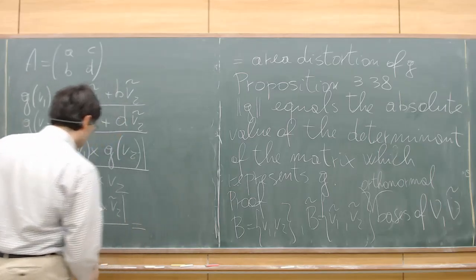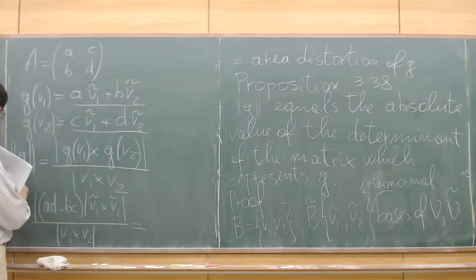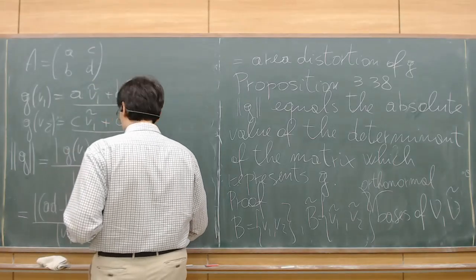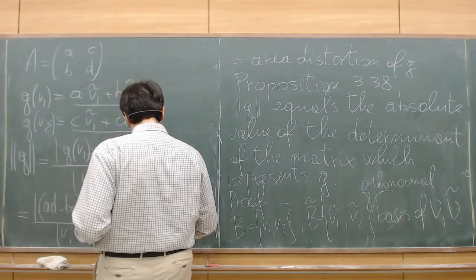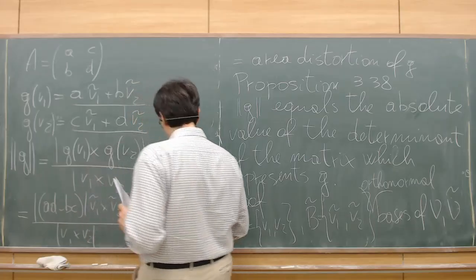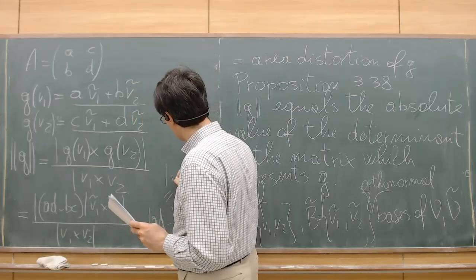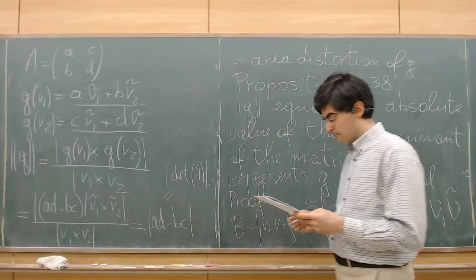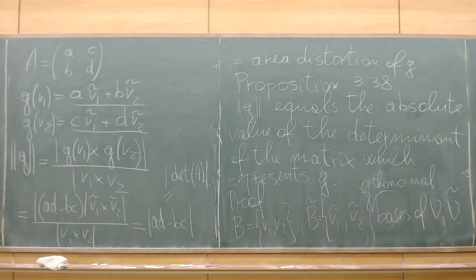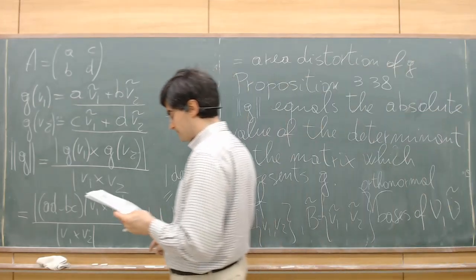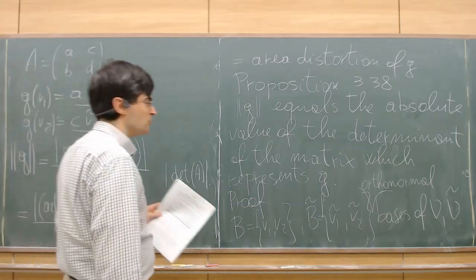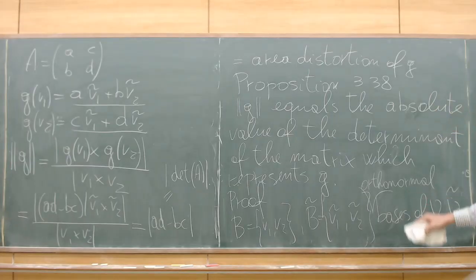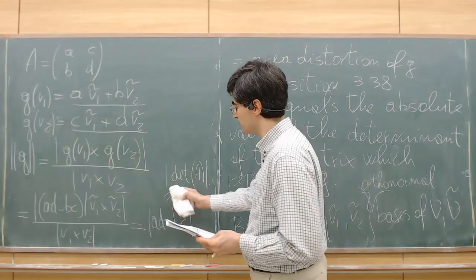So as a result, the area distortion of G is the absolute value of AD minus BC, and this is the absolute value of determinant of A. So remember, in this proposition you need the orthonormality of the basis, otherwise you cannot prove it.